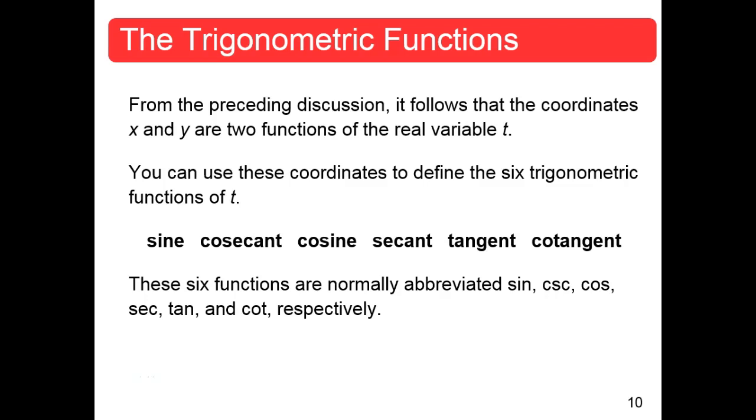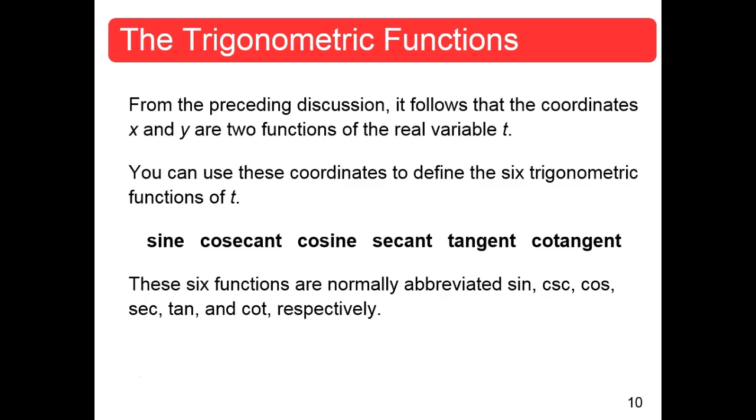Because that t, in my mind, being a little more physical in my thinking process, is that real value t has a length to it. And you don't take a trig function of anything with a dimension. You only take trig functions of dimensionless quantities. So I don't like to say it's a function of t. I like to say it's a function of theta, and theta has the same value as t, just without any dimensions in it. But that's me.